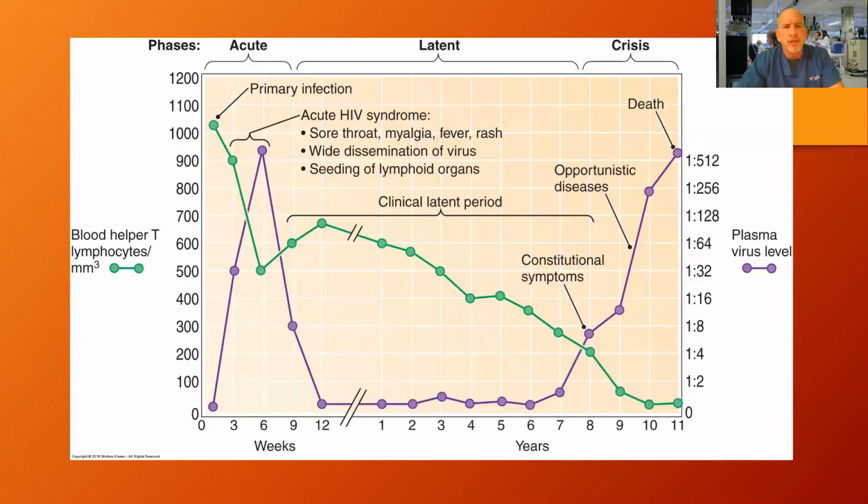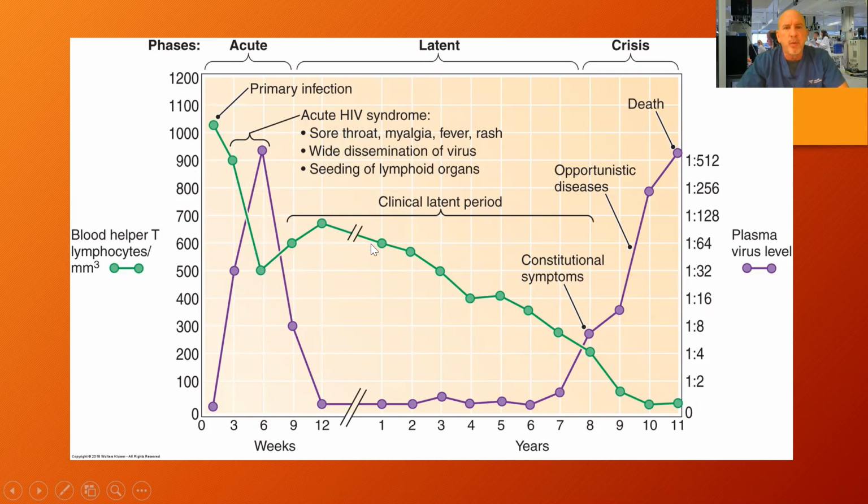Here's a chart that shows how that works. Here's your normal number of T helper cells right here. You get the initial infection, the count drops, and you get the flu, the sore throat, the fever, all that type of stuff. But then you recover from it.